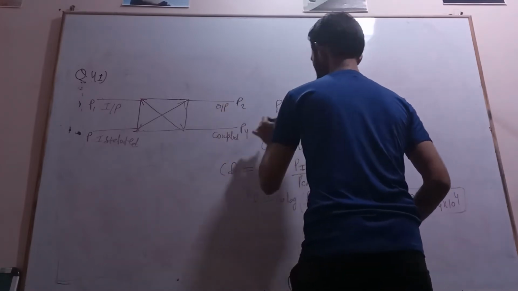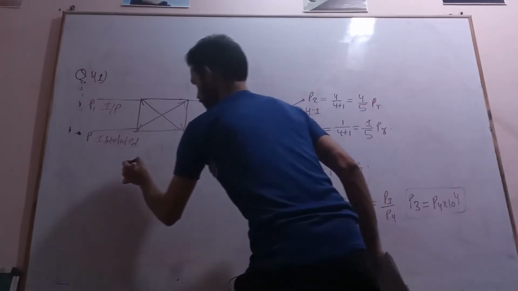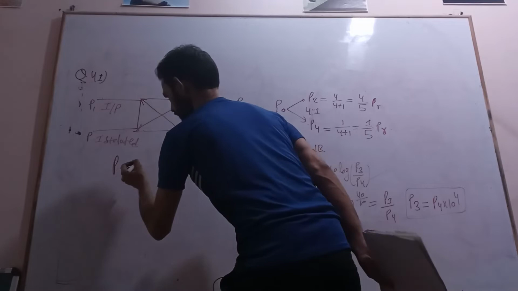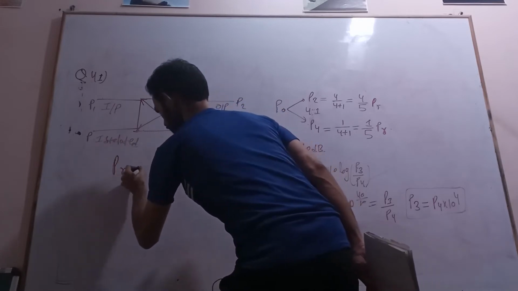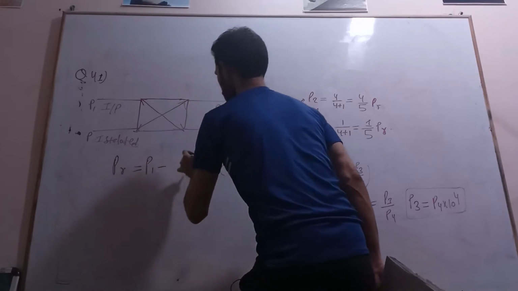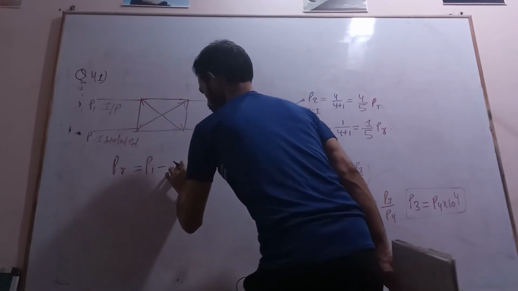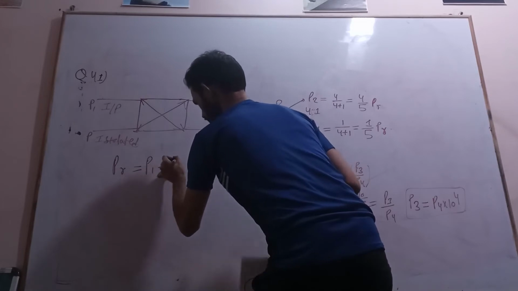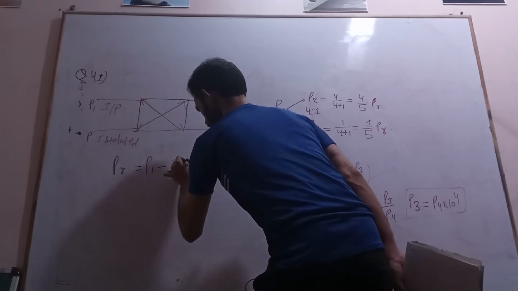That is the question. The remaining power is the original power P1 minus the dissipated power, which is 3 dB.